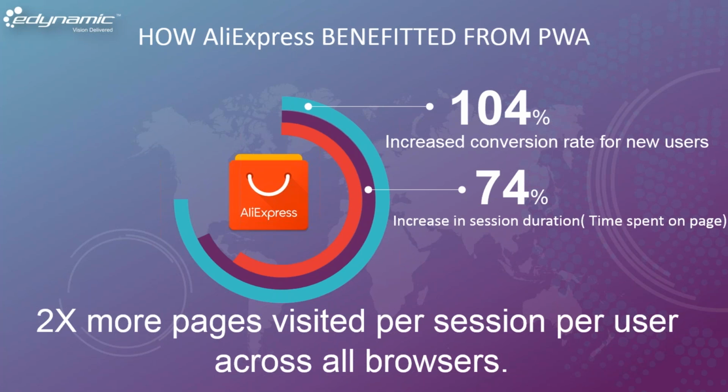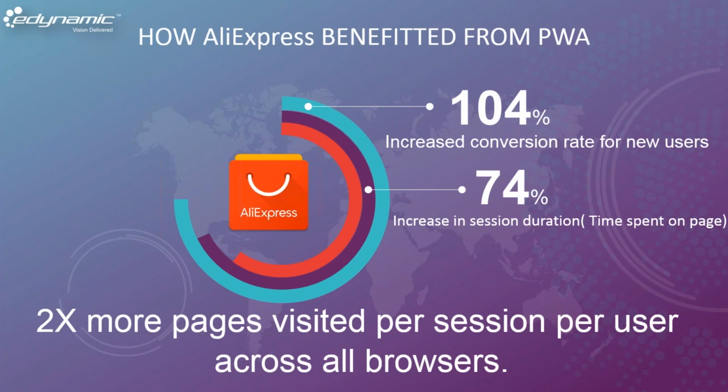I'm sure session duration is the time from when a user came onto a page until the time the user was there. Generally it could vary from say 1 minute to 2 minutes, or 30 seconds to maybe 5 minutes. But once AliExpress introduced PWA in their web technologies, they got a 74% increase in session duration.